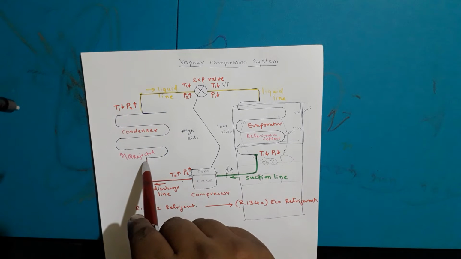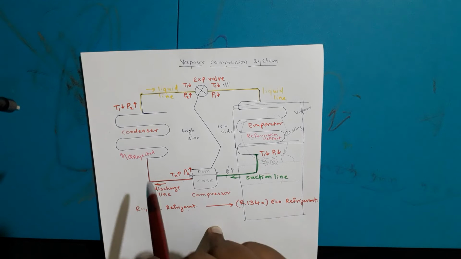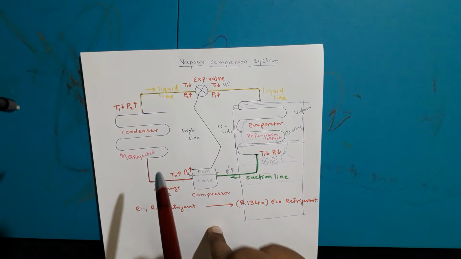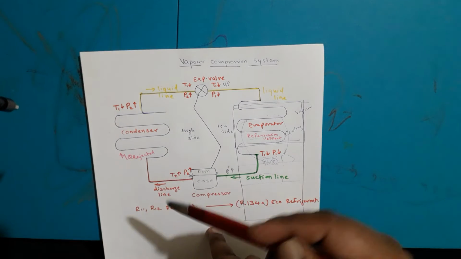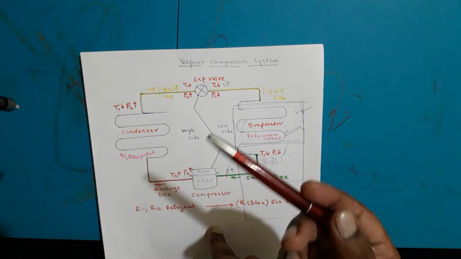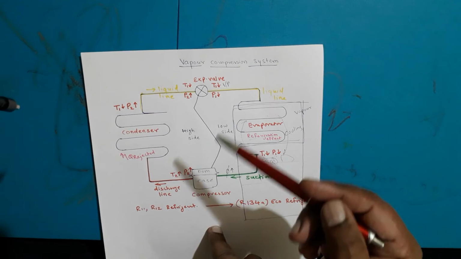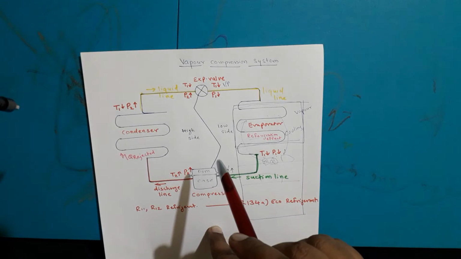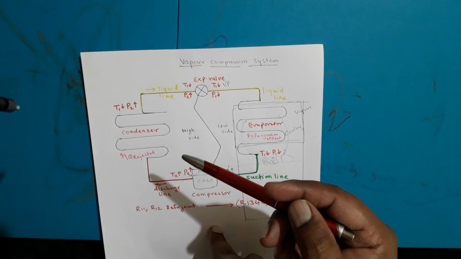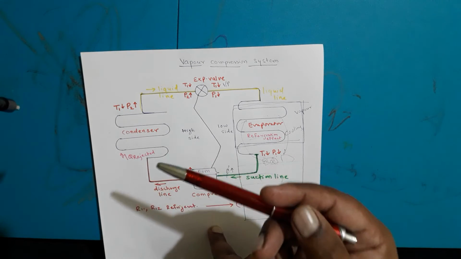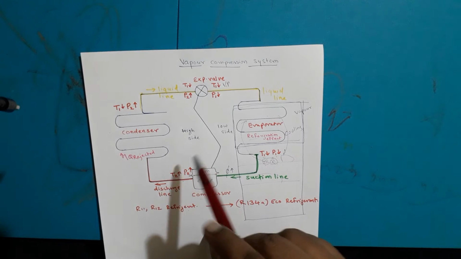Before heat is rejected, one thing I want you to note: what is a refrigerant? A refrigerant is a substance which, when you heat it, converts into vapors, and when you cool it, converts into liquid. Refrigerants are organic substances.